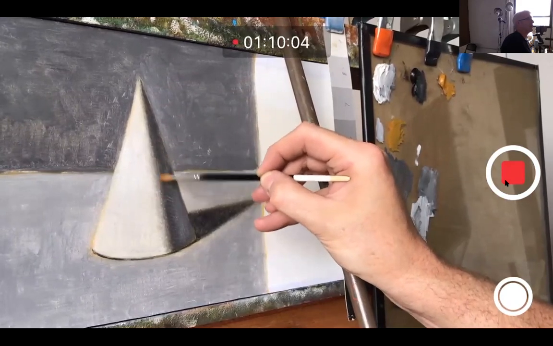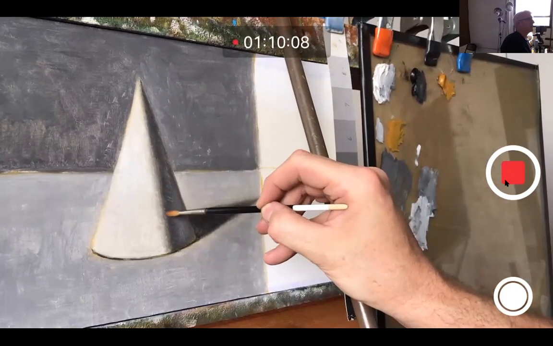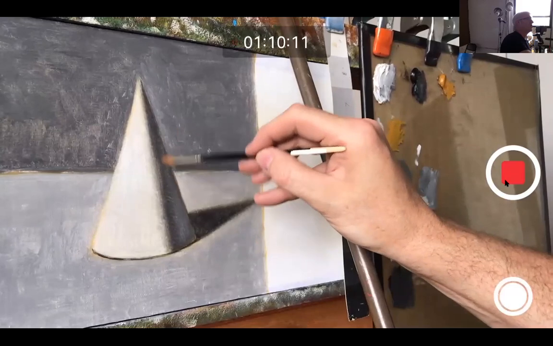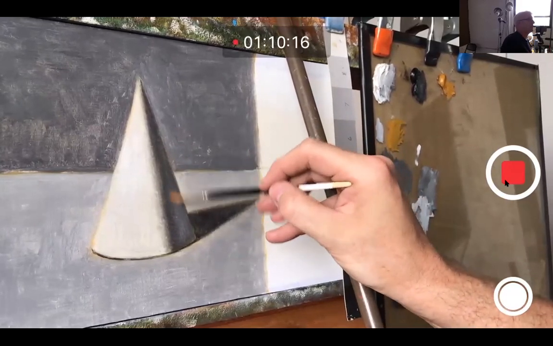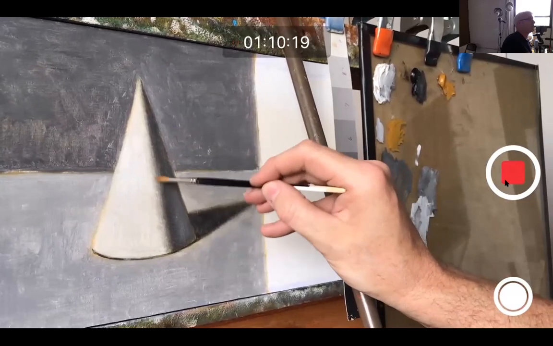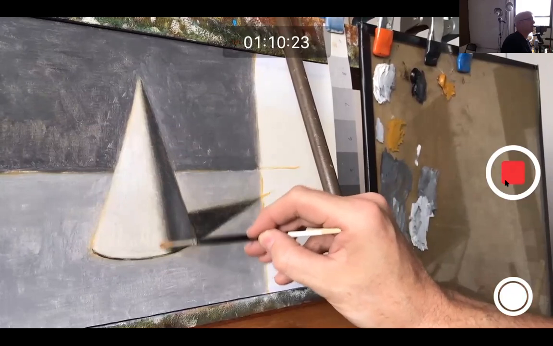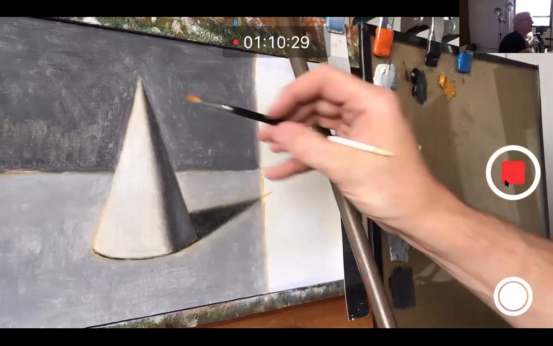I find that often that's happening with beginning painters because they're using either dirty mineral spirits or a dirty brush. So you want to keep those materials and tools clean as you're working. So for now, I'm going to keep dwelling on this.